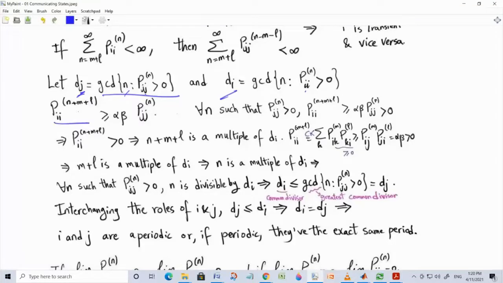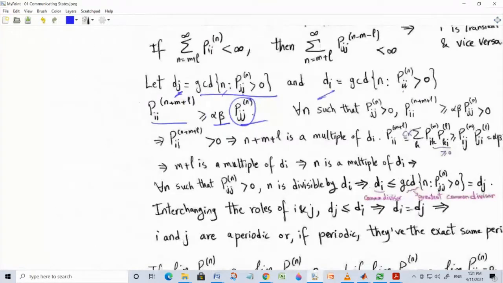From above, we have p_ii of n plus m plus l is greater than or equal to this positive quantity, alpha beta, times b_jj of n, and alpha beta is a positive quantity. Now, if you search for the time instances at which b_jj of n is strictly positive, at those time instances it must be the case that p_ii of n plus m plus l must also be strictly positive.